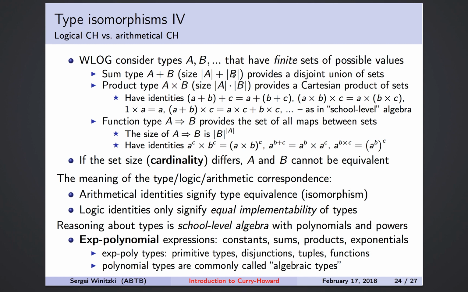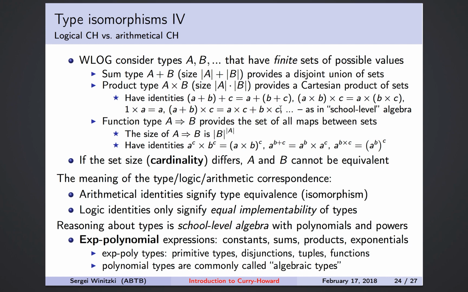The number of different values of the sum type is just the sum of the numbers of different values of types A and B. For the product type, again we have an interesting thing. It's the arithmetic product of the sizes of A and B, because for every A value you could have an arbitrary B value. And so this is a direct product or Cartesian product of sets. And we have school-level identities about the operations plus and times, such as these identities, or these.